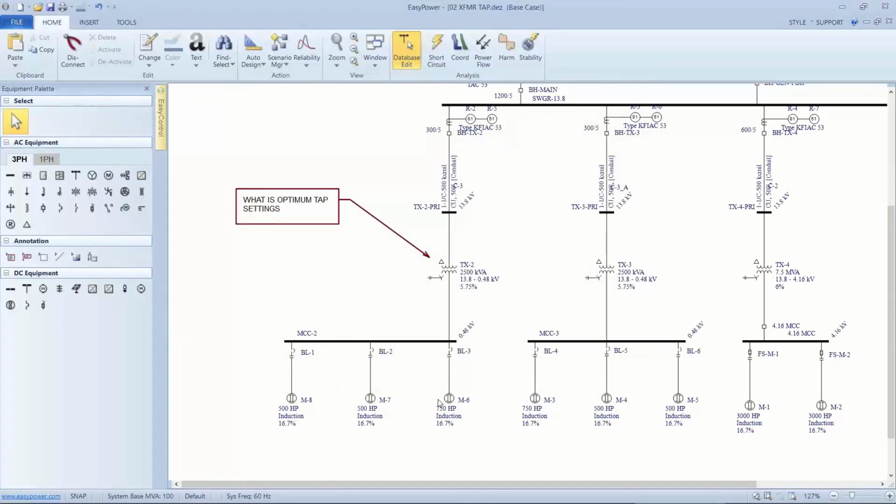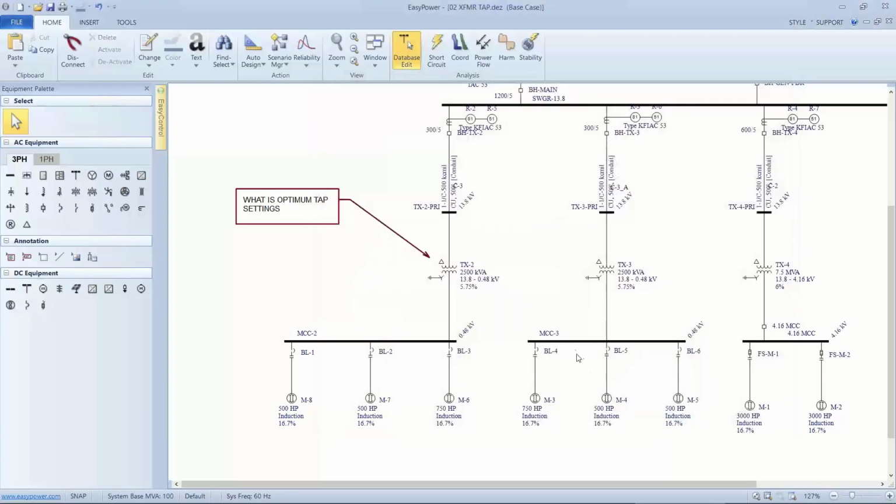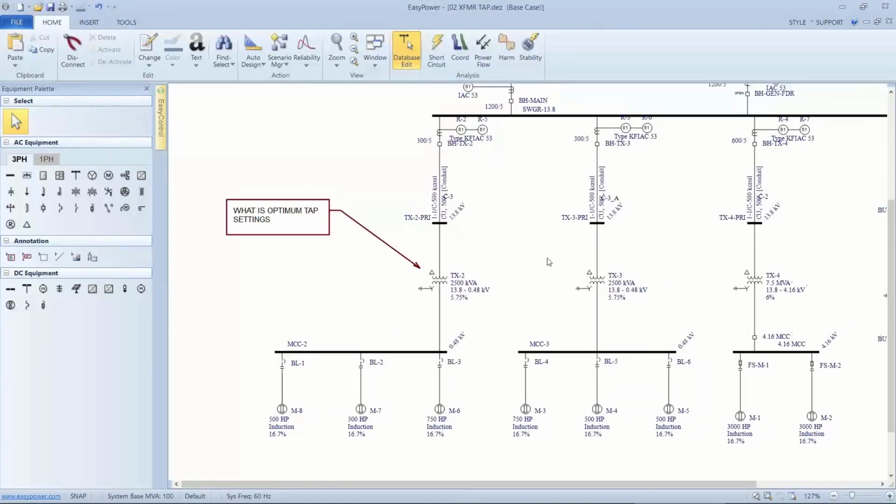So for the most part, most one-line diagrams have load set up at 100%. Secondarily, when we set up a transformer, we set up the taps to be equivalent to the incoming and outgoing voltage buses that we expect to be running.